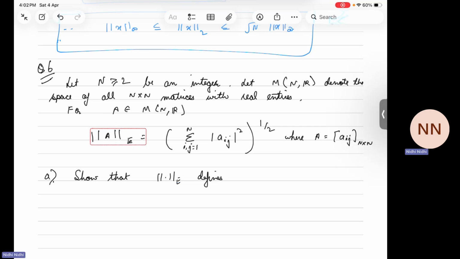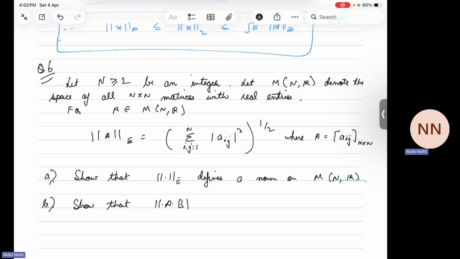It defines a norm on this M, the space of all n cross n matrices with real entries, and then we'll also see that this satisfies some good relation.